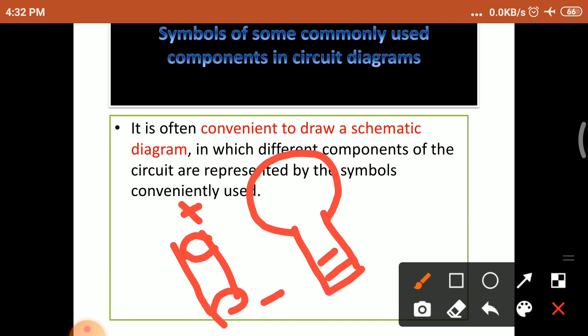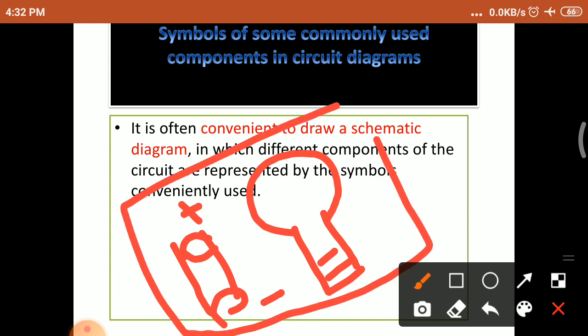Now I want to connect these two components in the circuit. So I simply draw the diagram.